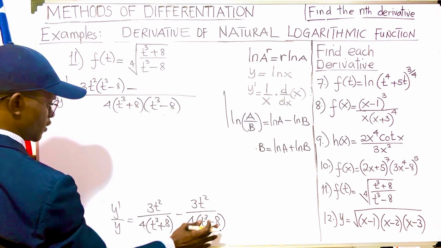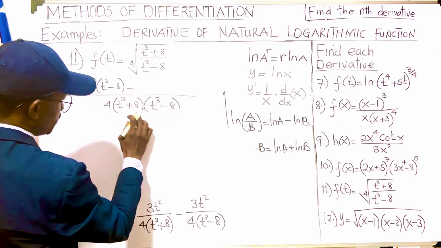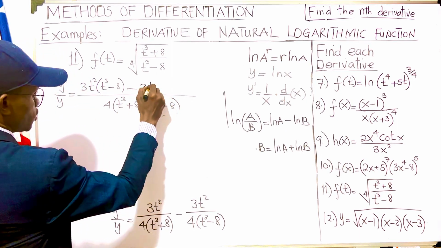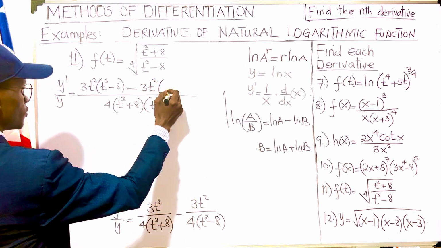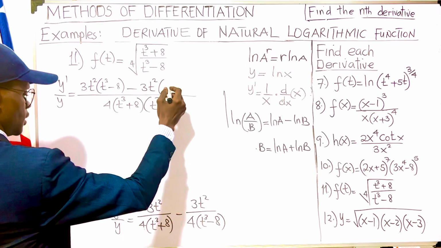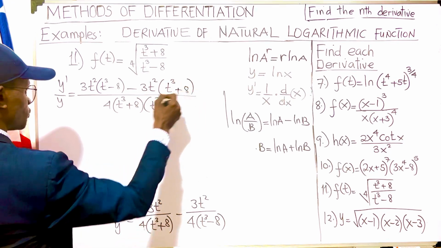Minus, if this goes into this it will cancel, and this 4 will also cancel. You have t cubed plus 8, so it's t cubed plus 8 times 3t squared.